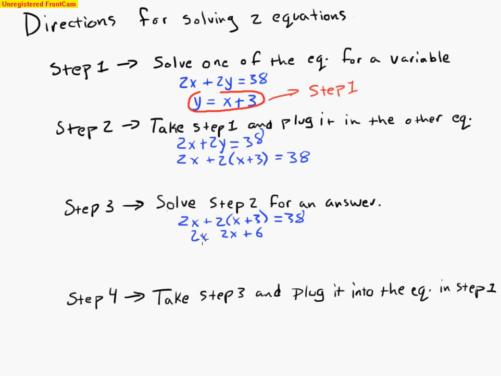Bring down my 2x here. Bring down my 38 here. These two x's turn into 4x plus 6 equals 38. I do minus 6 both sides. This is going to turn into 32. That'll cross out. I get 4x equals 32. I divide by 4 both sides, and I get x equals 8.